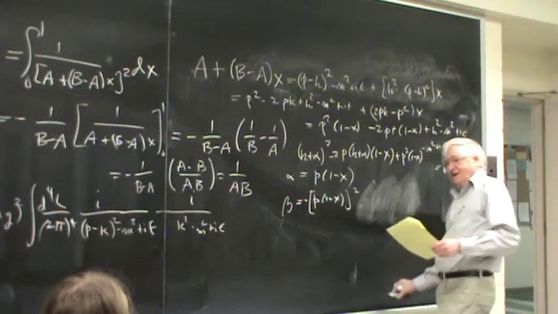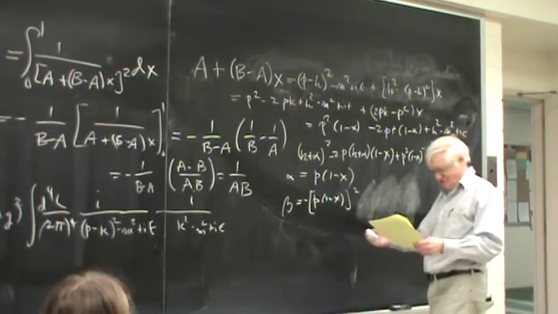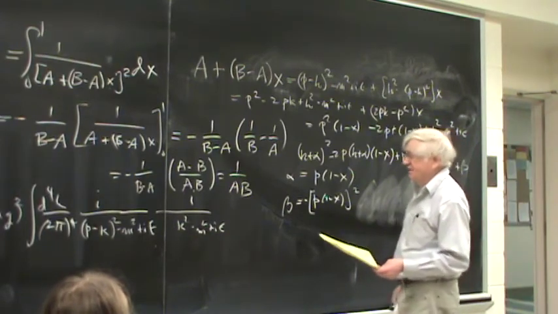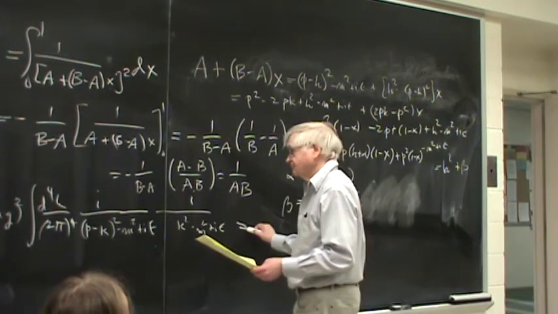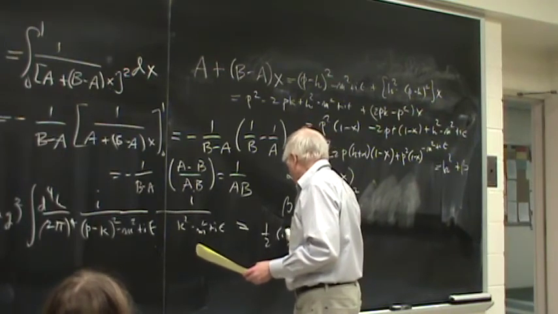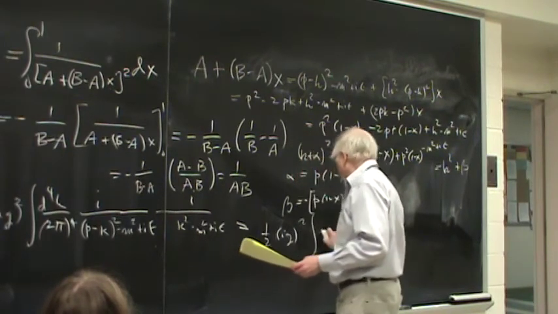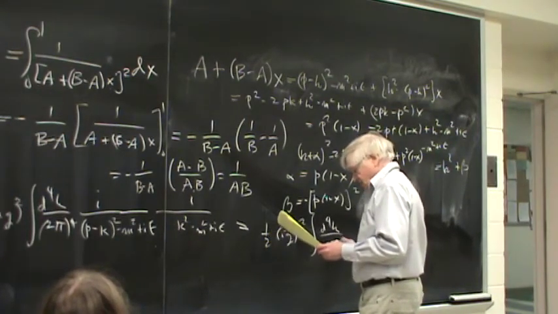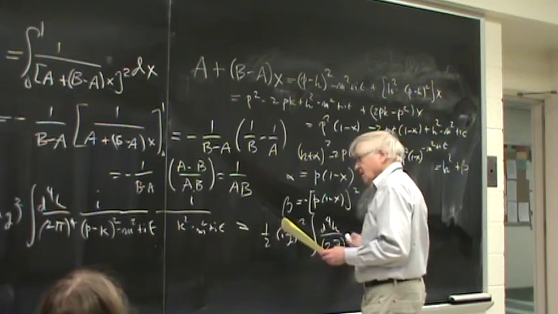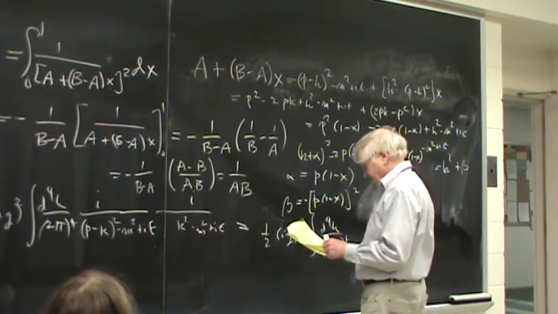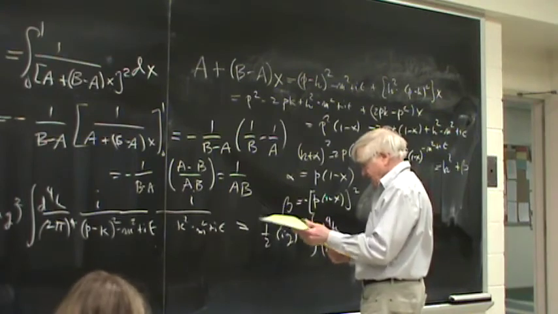So that's what it turns out to be. And then this denominator is 1/2 ig squared integral d4k over (2 pi) to the 4th. Okay, hold on, I've got to get everything straight here.